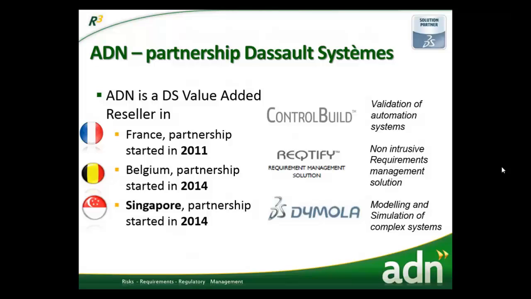To do so, ADN developed partnerships with Dassault Systems. We are value-added reseller for 3 software. The first one is Control Build, which is used for the design and the validation of automation systems. We also have Rectify, which is a tool for management of requirements in a non-intrusive way.